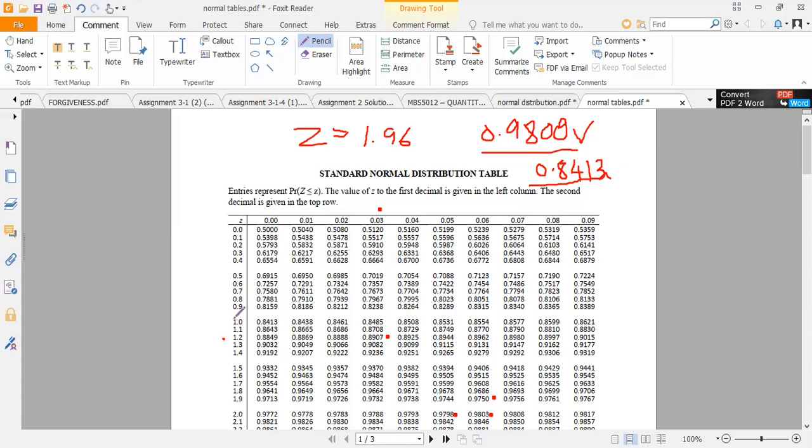Good. This one here, there's an exact figure corresponding to that. So the Z for 0.8413 is exactly 1, in short. So this is how we read from Z to P and from P value to the Z. When we're reading from the Z, we're getting the P value. When you're using the P value, we're getting the Z.